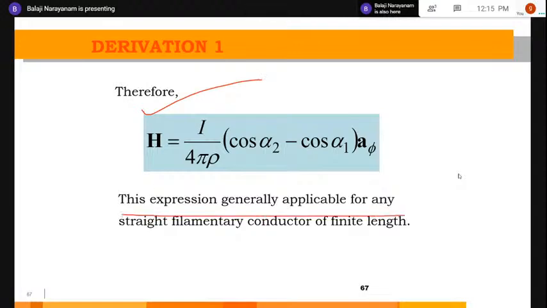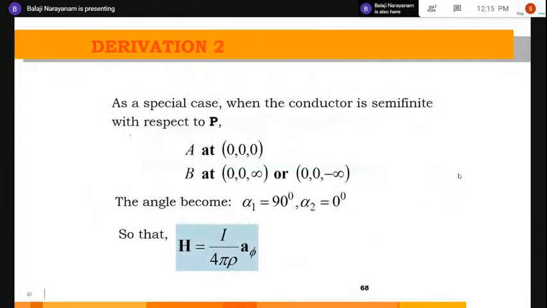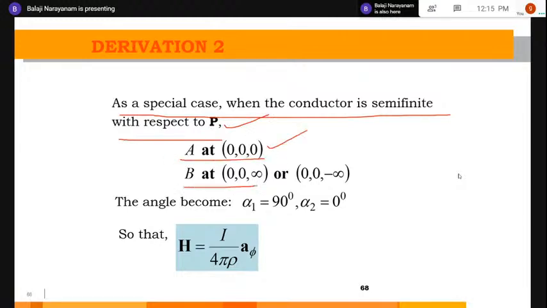This expression is generally applicable for any straight filamentary conductor of finite length. So this is a very important derivation that we may use in problems. As a special case, when the conductor is semi-infinite with respect to P, and A is at 0, 0, suppose, and B is at 0, 0, infinity, or 0, 0, minus infinity, then the angle alpha 1 becomes 90 degrees and alpha 2 becomes 0 degrees.